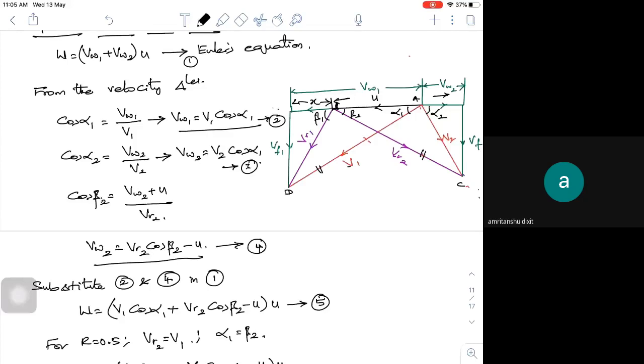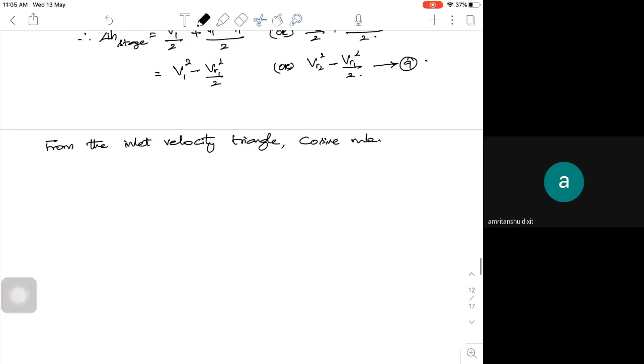So applying the cosine rule, VR1 square is equal to V1 square plus U square minus 2 V1 U cos alpha 1. Okay. Now what is delta H? If I call this 10, I substitute VR1 square in the above equation.